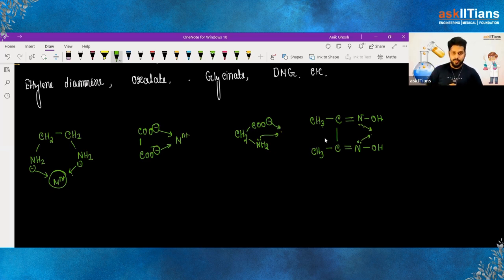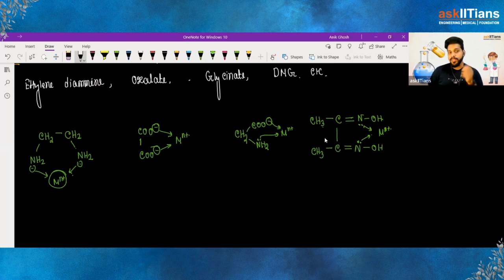From common sense also you can understand, because of the electronegativity, nitrogen's electronegativity is less than oxygen's. In that way also you can understand this part. I hope you are all clear up to this segment, guys. These are all bidentate ligands because they can connect with the metal from two sides, right?